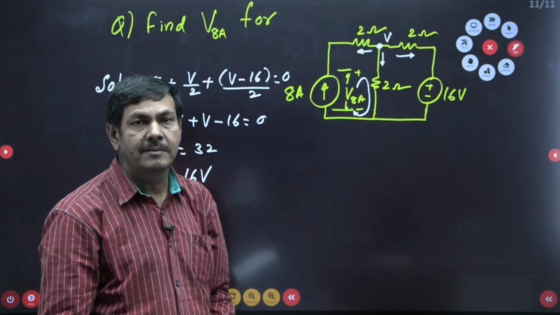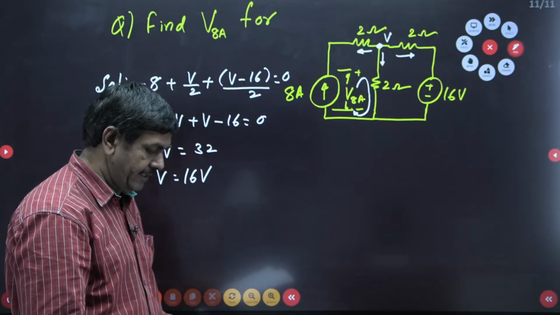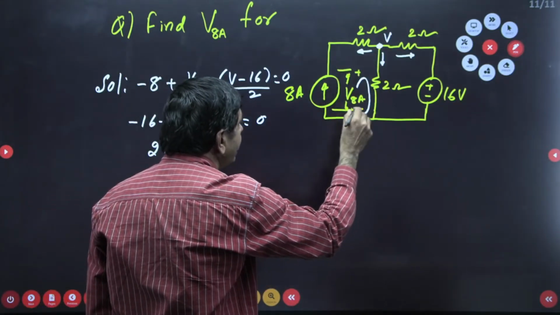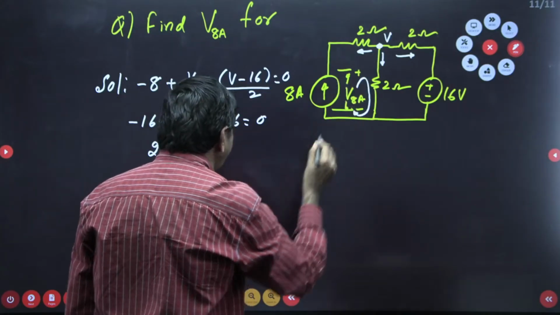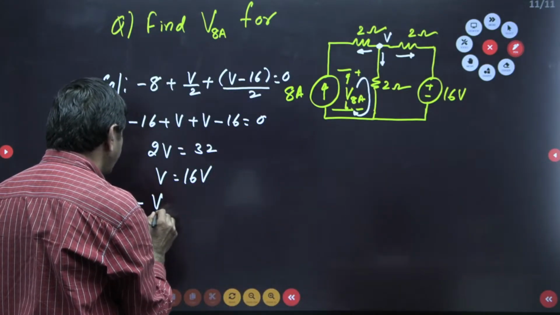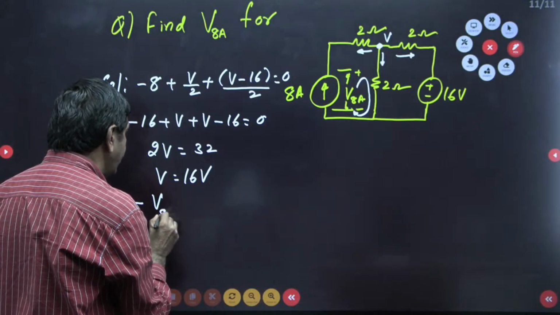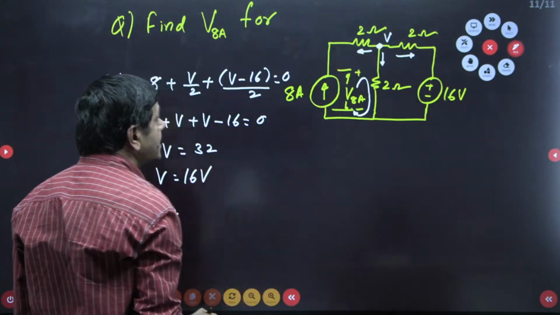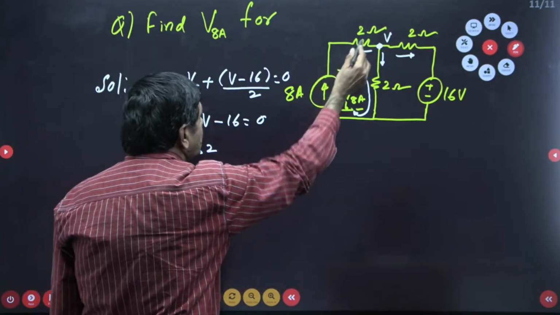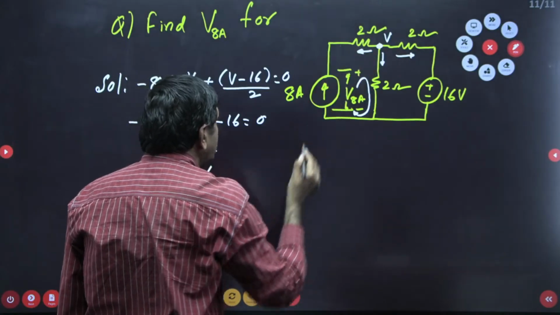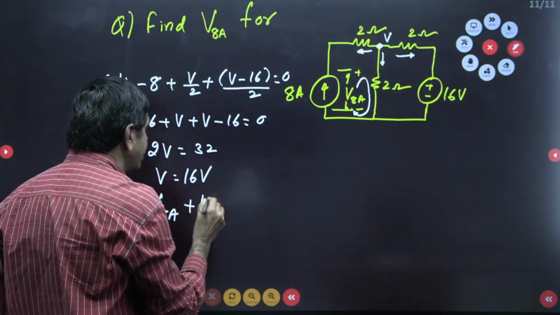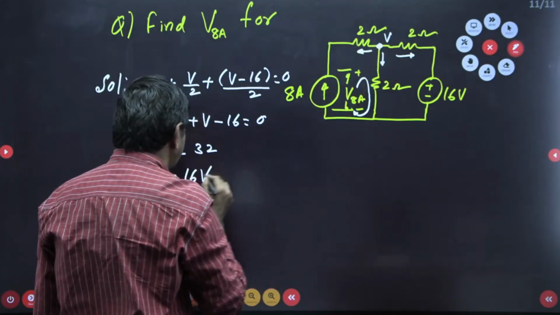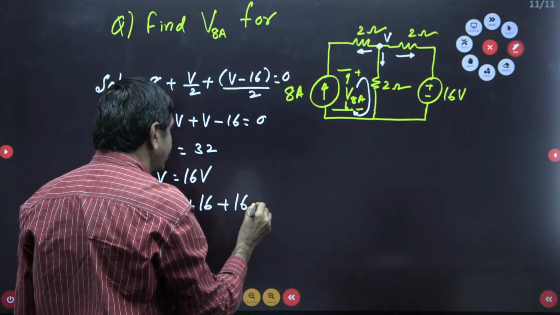Now KVL is applicable. By using KVL, you can determine the required value. Just apply KVL. When you go this side, minus V of the 8 amperes, the voltage across the 8 amperes. When you go this side, the drop across this is 8 into 2, since a current of 8 amperes is passing, which is 16, plus 16 volts, the voltage across the 2 ohm, equals 0.